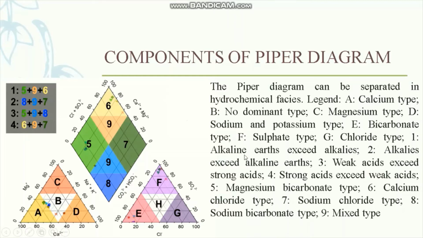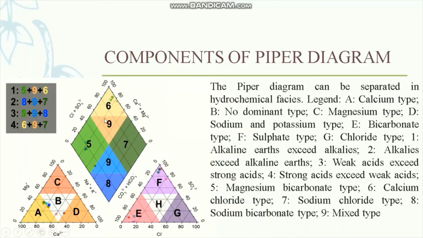Number 1 shows alkaline earths exceed alkalis, so this is alkaline earth dominant. Whereas in the opposite direction, 7, 9, and 8, which is number 2, shows that alkalis exceed alkaline earths. So here is the dominance of alkalis.